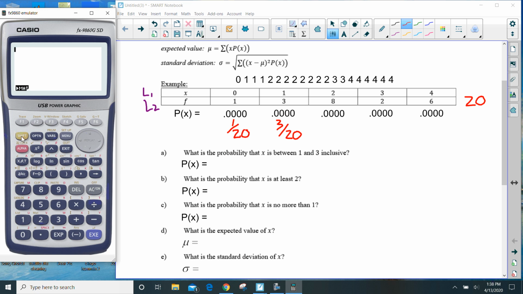Producing a list on its own, I'm going to store that as list 3.